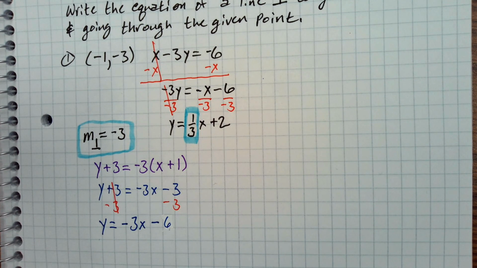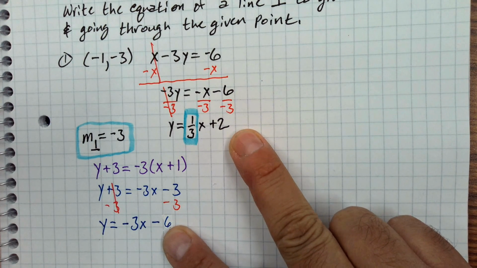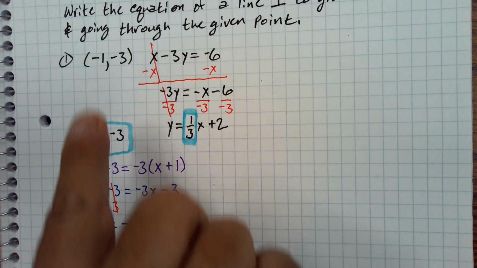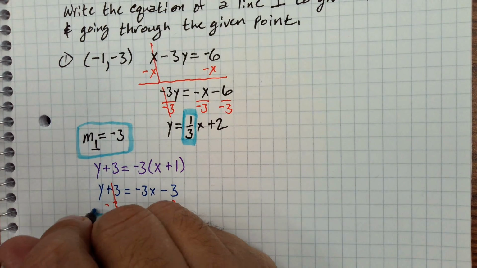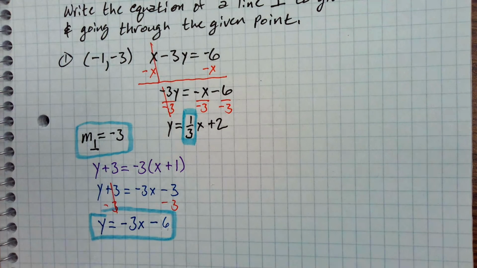So if we were to graph both these lines, they would be perpendicular. And the second line would go through the point negative 1, negative 3. Okay. Any questions?